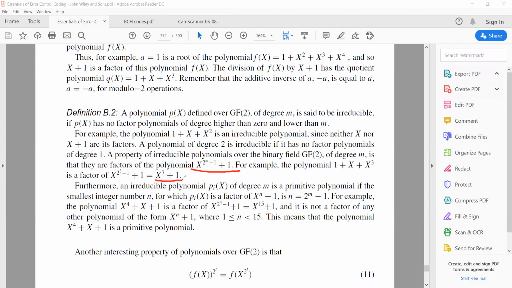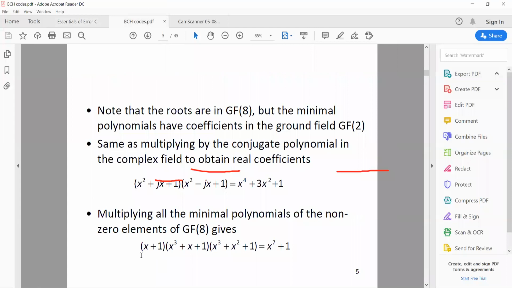So this is x to the power 7 plus 1. This is one of the factors of x to the power 7 plus 1. The rest of the factors are x cube plus x plus 1 and x cube plus x square plus 1.